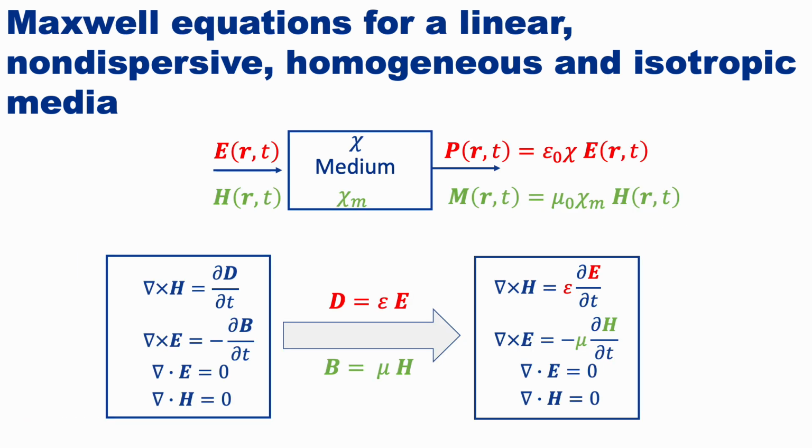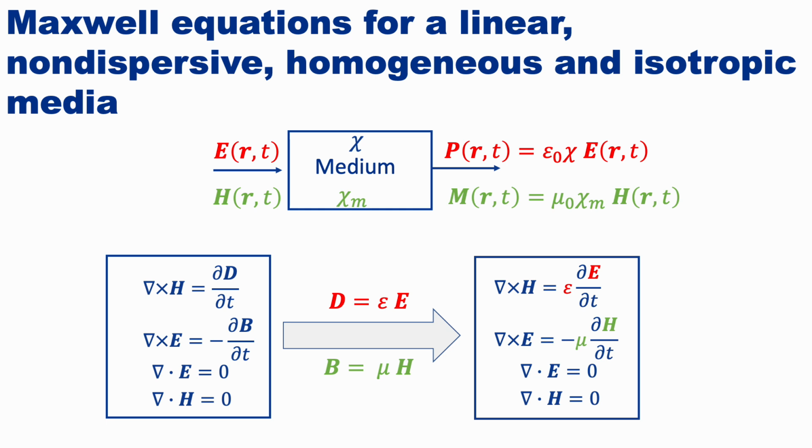Alright, so we know that we have a medium. In general, our medium can have electric and magnetic properties defined by their corresponding susceptibility. So that's going to generate some polarization and magnetization field when we apply an electric and magnetic field to the medium.